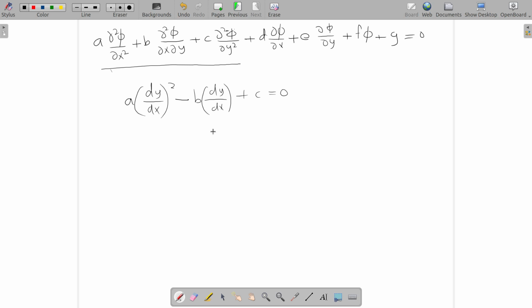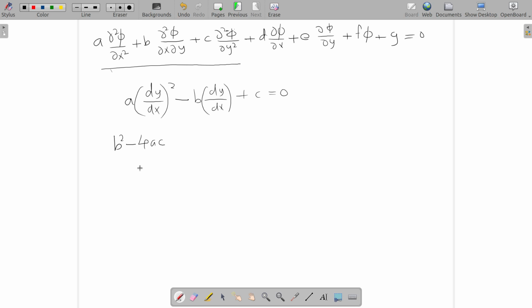So how do we find out the roots of this equation? The behavior of the roots will essentially be described by b square minus 4ac.